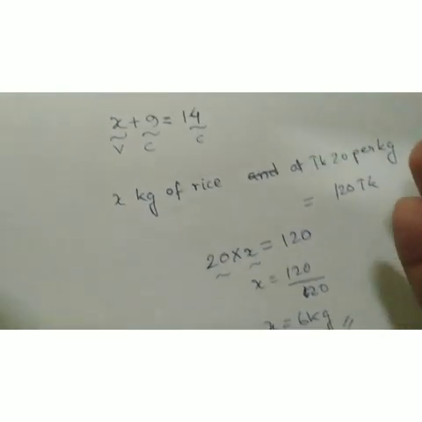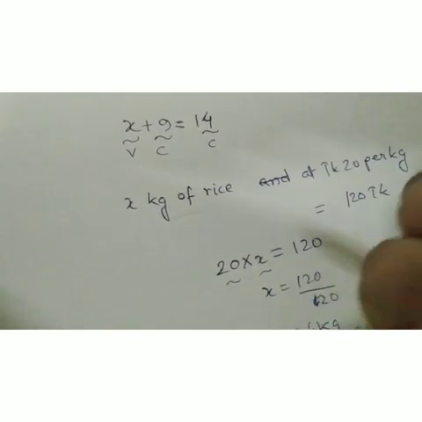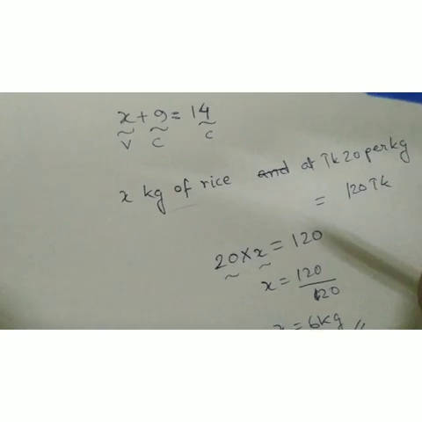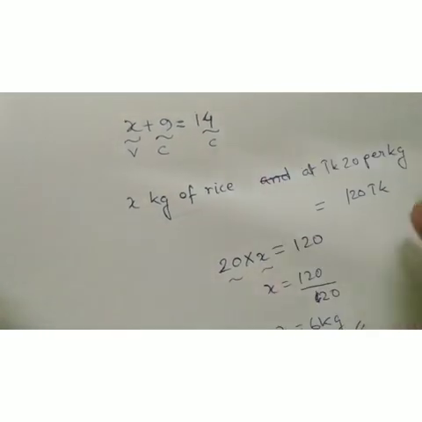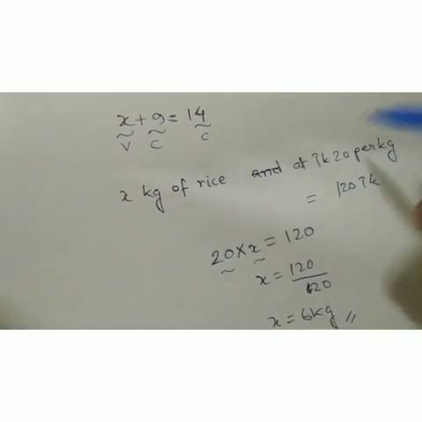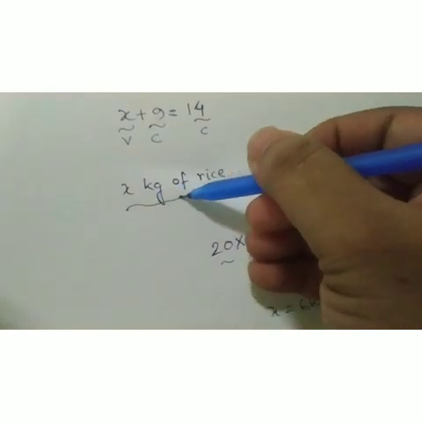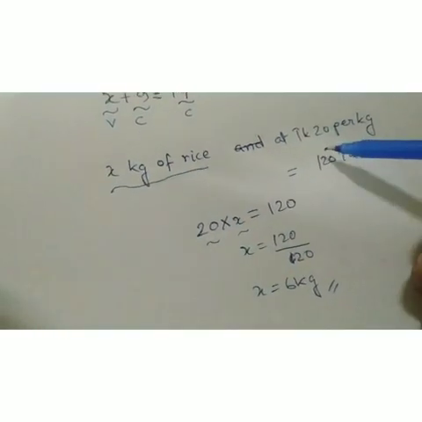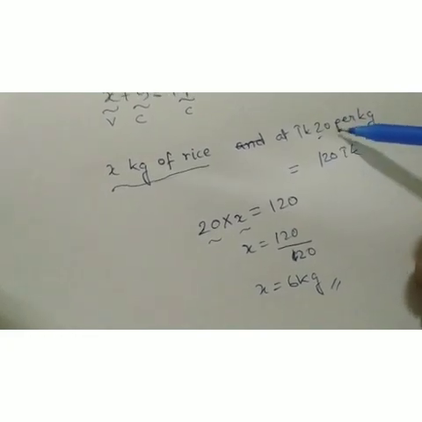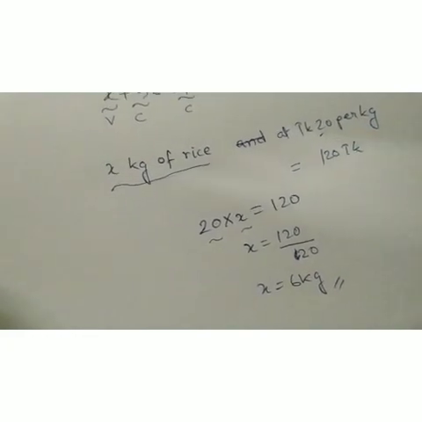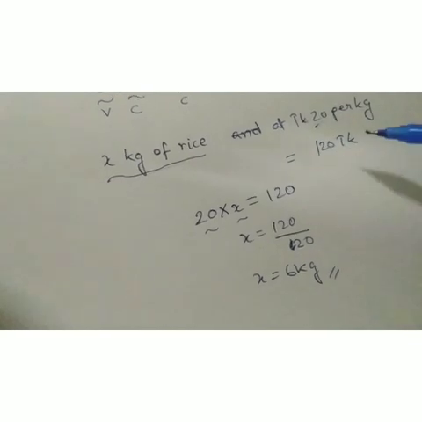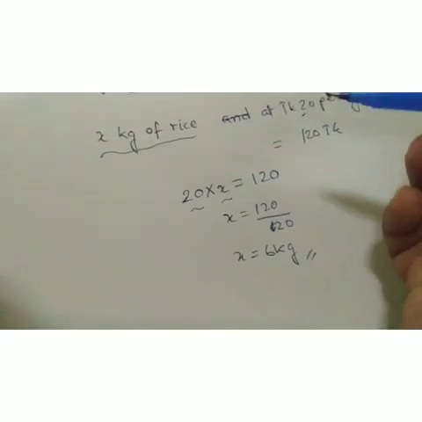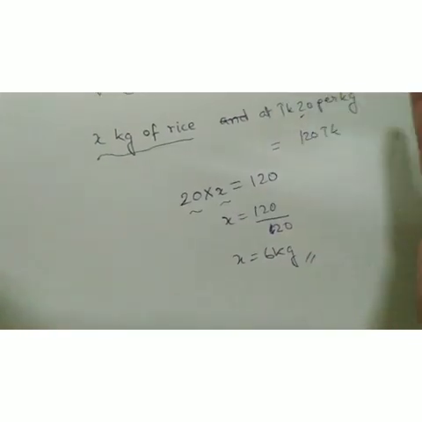So equations can be used to determine an unknown quantity with the help of known quantities. Here the unknown quantity was the amount of rice he bought, and the known quantities were the price per kg, 20 taka, and the total amount he paid, 120 taka.